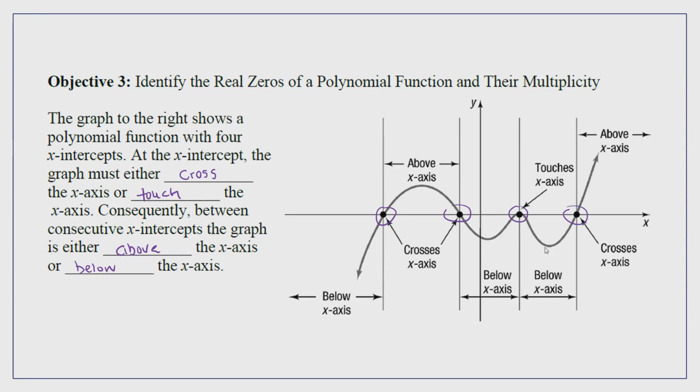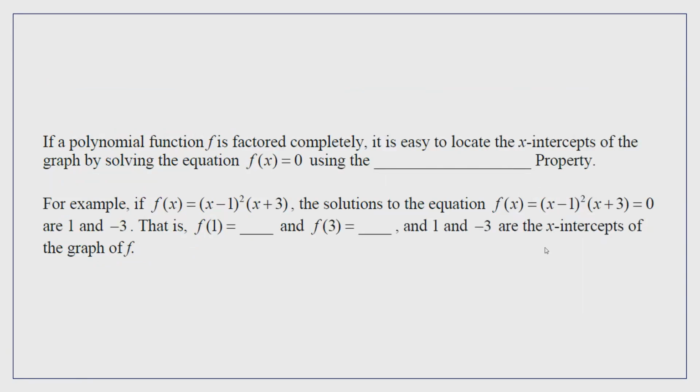At these x-intercepts, the graph either crosses straight through the x-intercept or it touches or bounces off of the x-intercept. And then between these x-intercepts, the graph is either above the x-axis or below the x-axis. If a polynomial function is factored completely, it is easy to locate the x-intercepts of the graph by solving the equation f of x equals 0 using the zero product property.